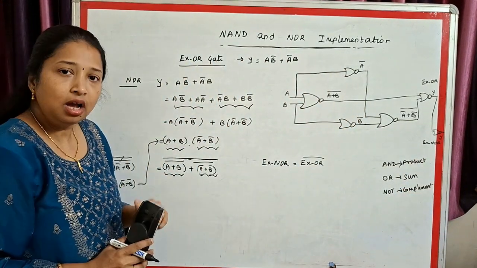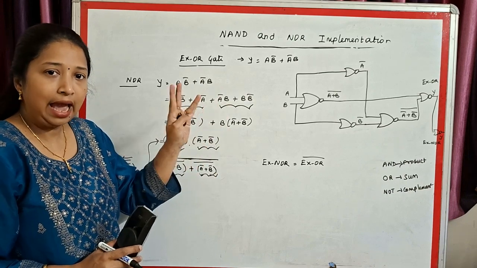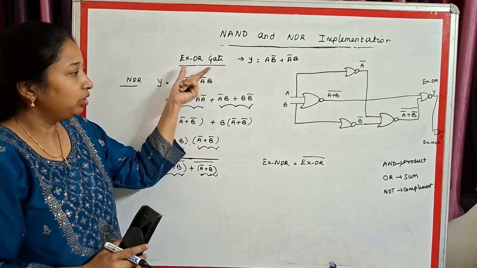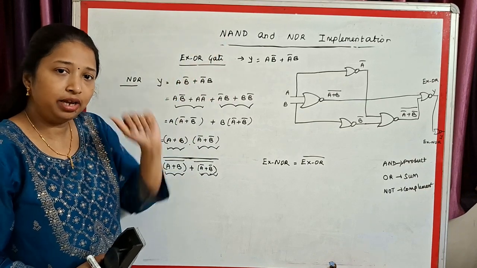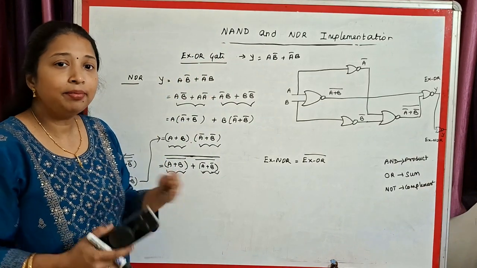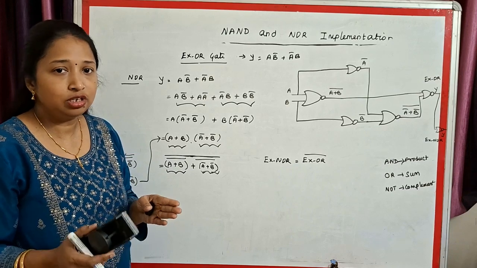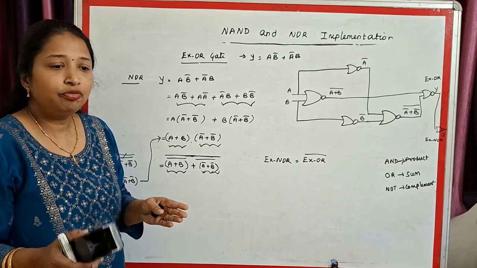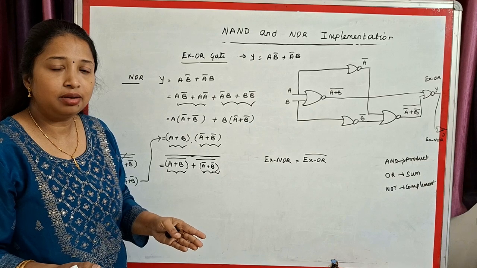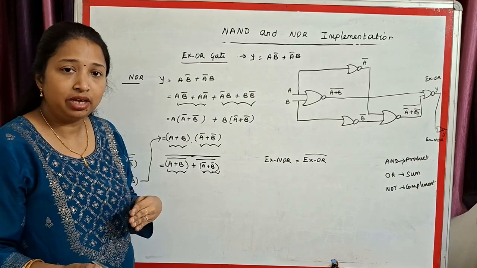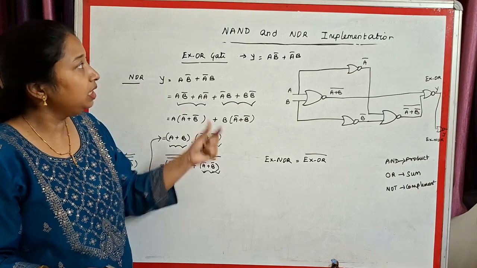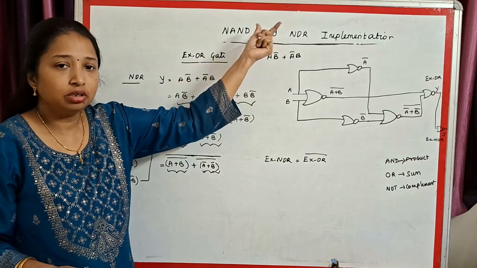Is it clear? How to replace OR gate, AND gate, NOR gate, XOR gate and XNOR gate using just NAND gate and NOR gate. Whatever might be the gates that you're going to use in a logical expression for designing your circuit diagram, you can replace the different types of gates that you're using in a circuit by just NAND gate or NOR gate.